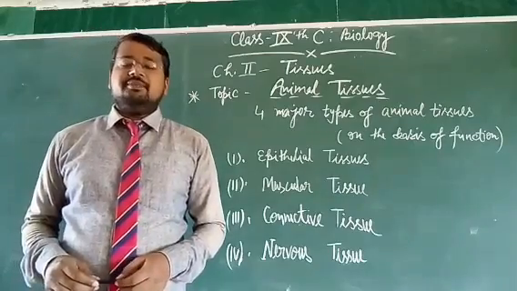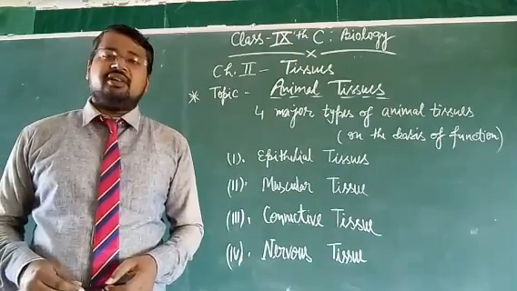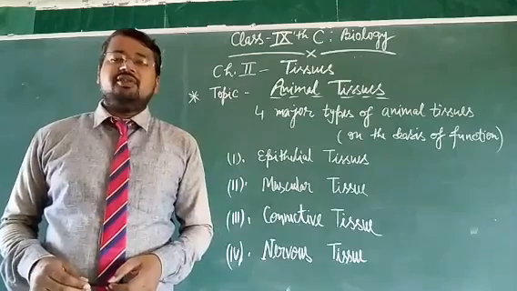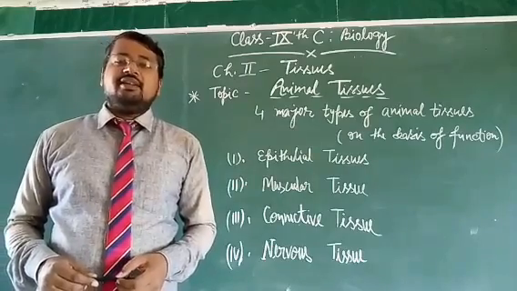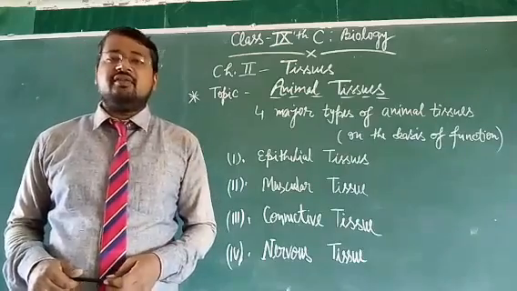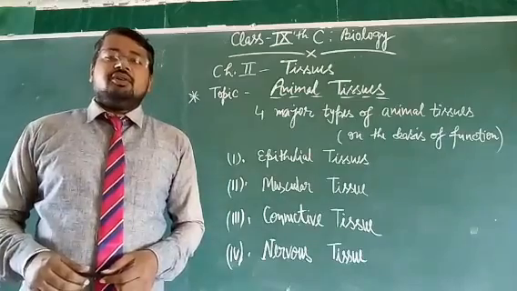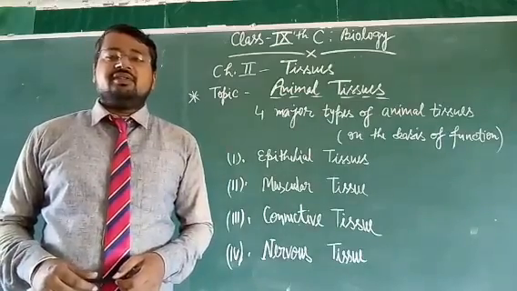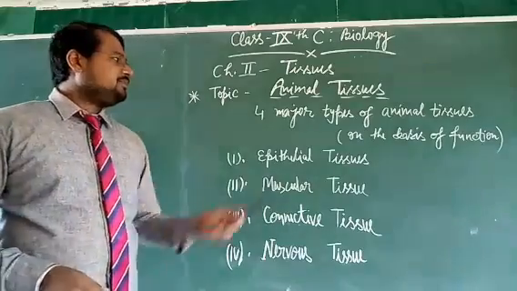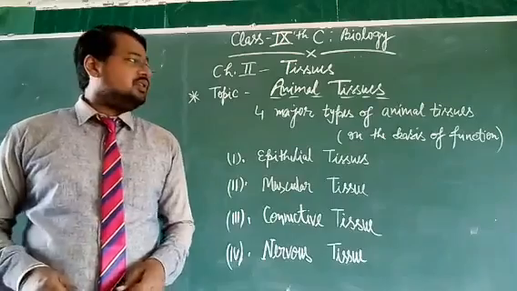As we all know, the physiology, structure and function of plant tissues are simpler in comparison to animal tissues. Animal cell is also complex in its structure when we compare it with plant cell. So to execute complex functions we need complex structure. That's why animal tissues are complex in nature and function both.